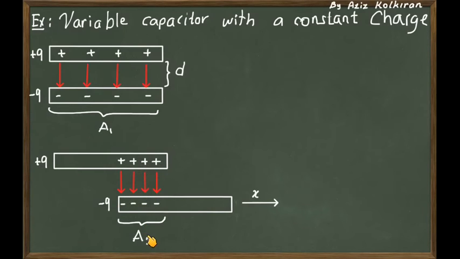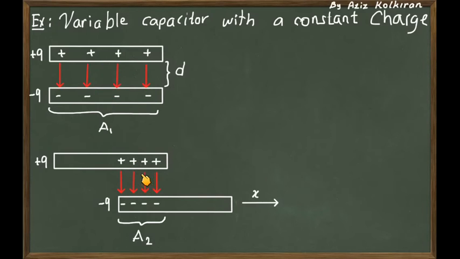Let's call this area of the overlapping region of both plates A2. So what happens to the electric field when you keep the distance D the same? Well, we know that the electric field between oppositely charged plates does not depend on the distance. It only depends on the charge density of one of the plates, and it is just sigma divided by epsilon 0.